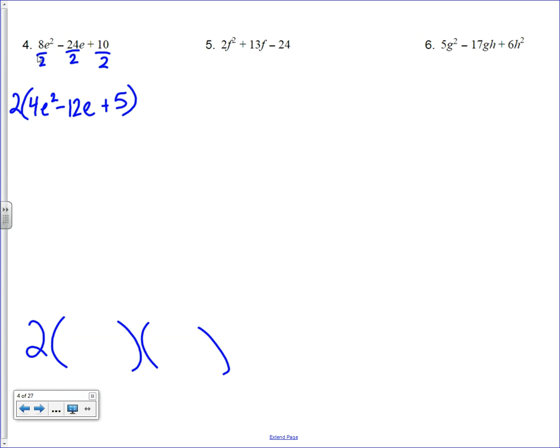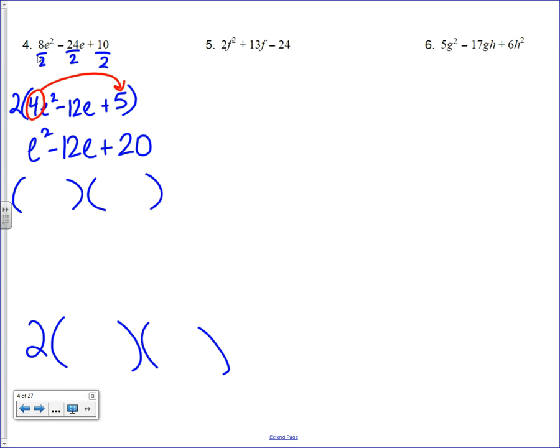Okay, does this trinomial start with a 1? What does it start with? It starts with a 4. So we need to slide it back there and multiply it. If you slide it back there, I now have e squared minus 12e. What is this number going to be? 20. And now it starts with a 1, doesn't it? Okay, so I know if it starts with a 1, I'm going to do a binomial times a binomial.